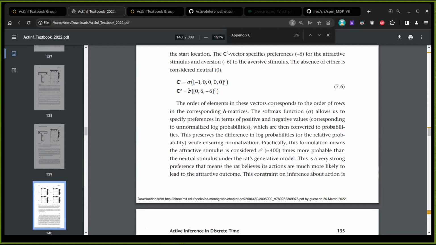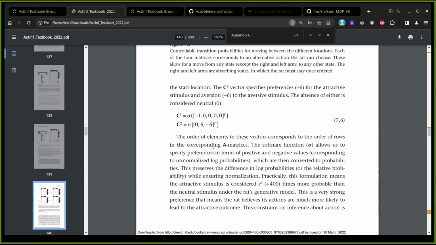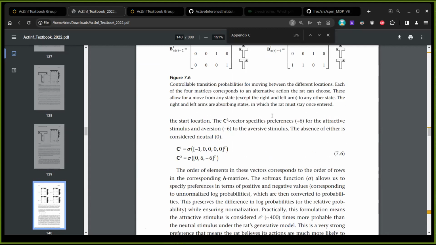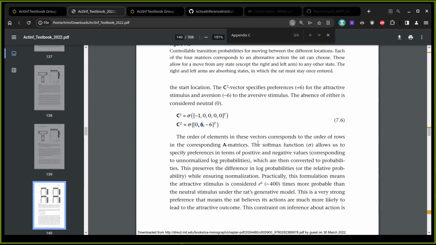C is the preference vector. C1 is for again the location, and this just kind of pushes it off the starting location, so it does something. And then here in the C2 is the preference over the context observations, like preferring the tasty food, not the aversive.